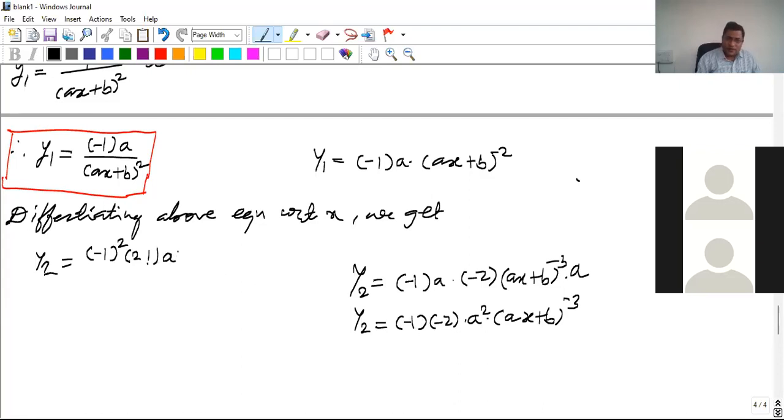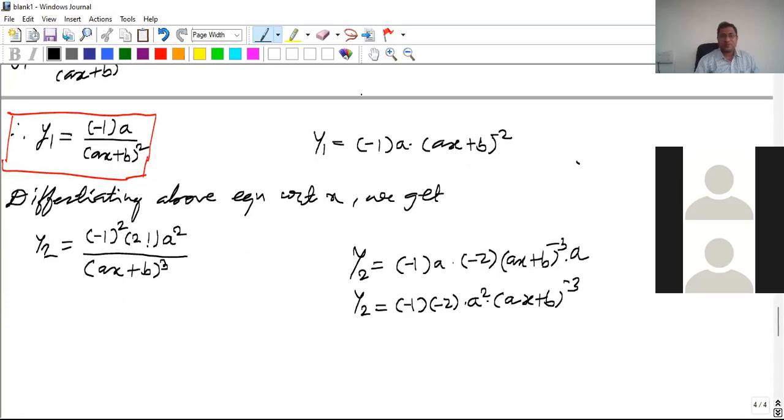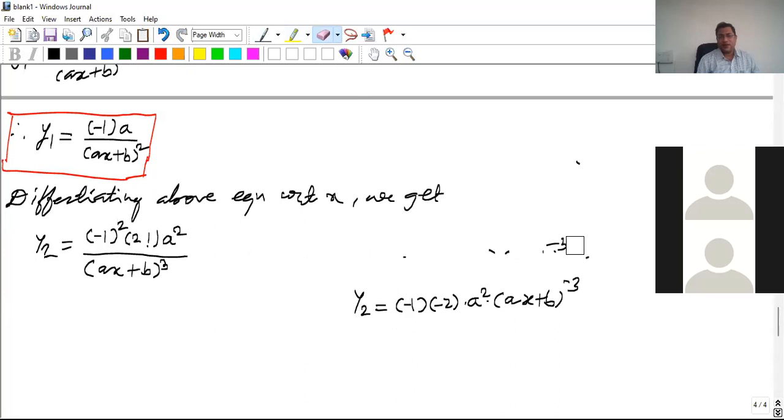Then this term a cube remains as it is, and we have this a square, so it will become a square, and we have ax plus b bracket cube. Are you getting this? Yes, sir. Okay, so this is done.